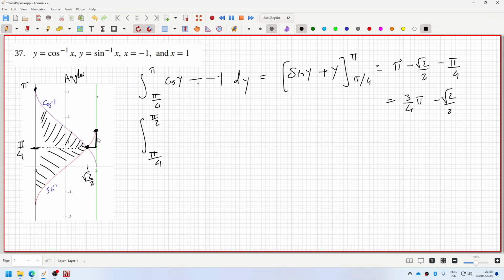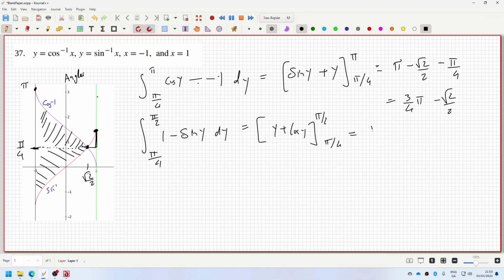The upper function, which is 1 here, minus the lower function, which is sine y dy. So that would be y plus cos y, pi over 2 to pi over 4.